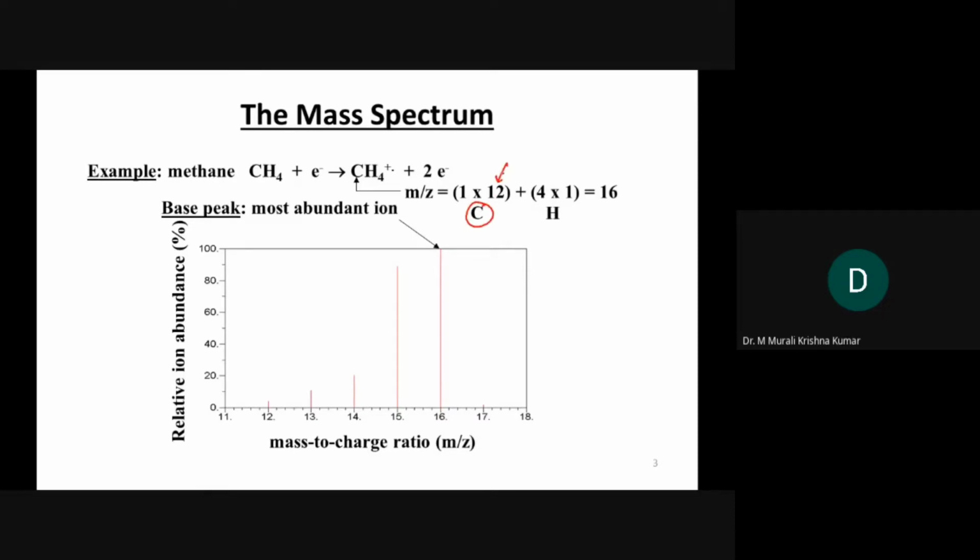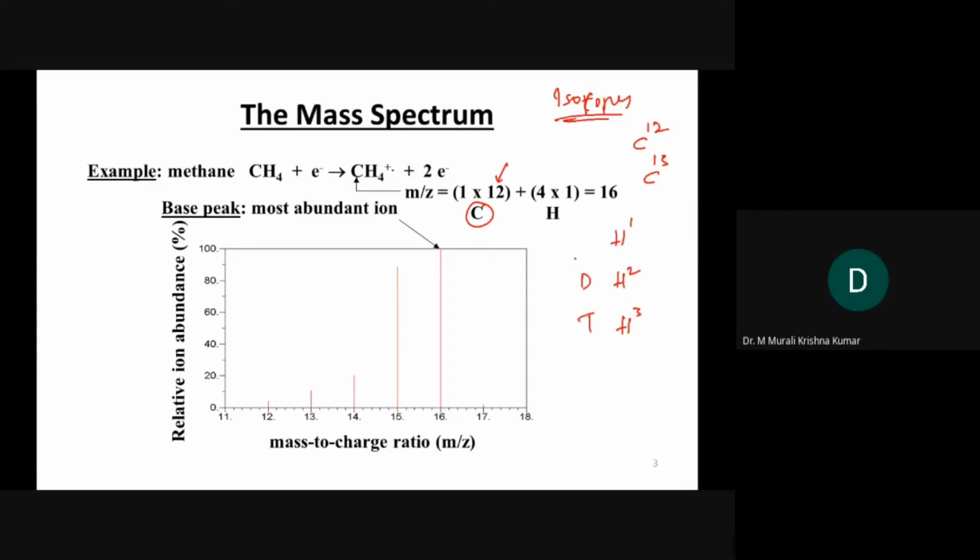Okay, so as you are all aware, elements can have isotopes. If you take carbon, carbon 12 is there, carbon 13 is there. In case of hydrogen, we have hydrogen, deuterium and tritium, all are there.